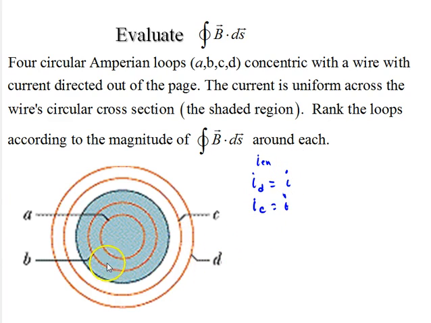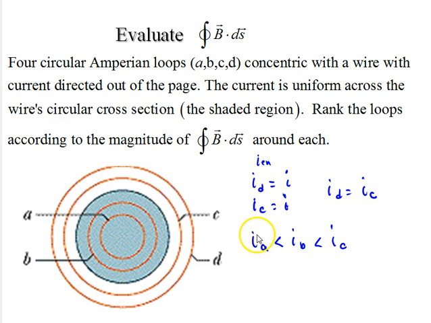If we compare loop A and loop B, we're encircling somewhat less of a current, right? Our closed integral of ds, that's this circumference, this is less, as is the current that we've encircled. So we have I_D is equal to I_C. However, I_A is less than I_B, which is also less than I_C.